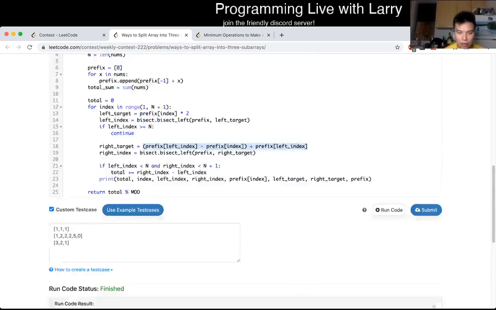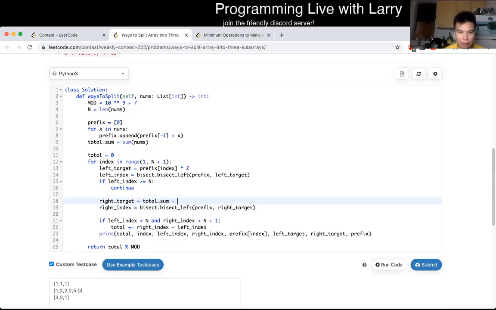So total sum minus prefix of left index. Okay, and then now we want to divide this by 2 as we said, and then we want to add this to left index.